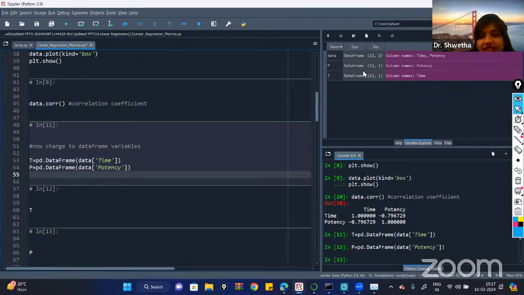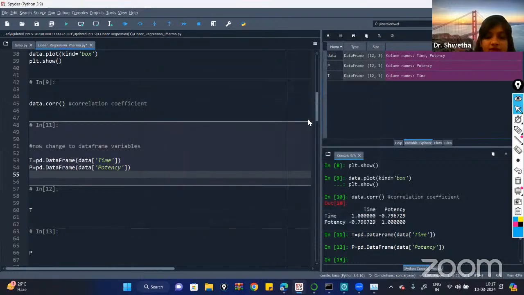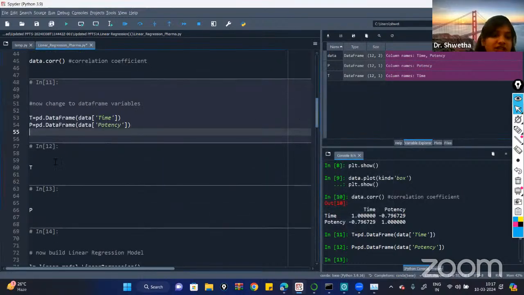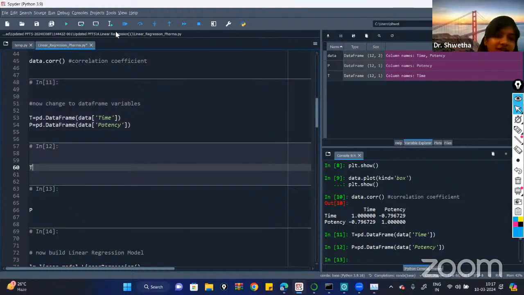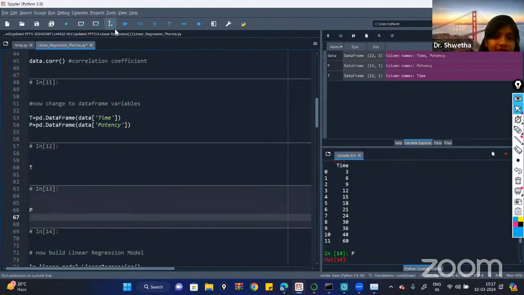Potency is nothing but the efficiency. So that would be P. Another data frame got created over here. This is the potency. You can even just call them and see the values. This is the T data frame and another one is the P data frame.